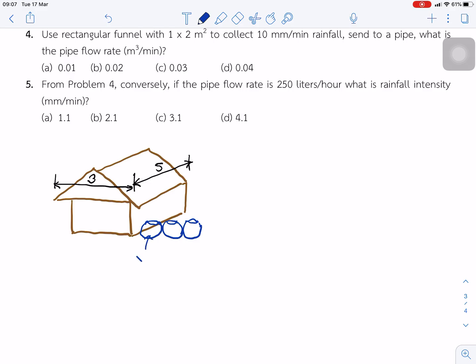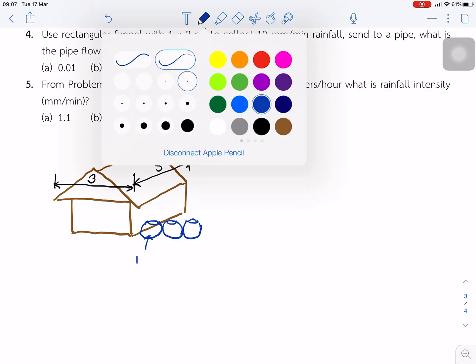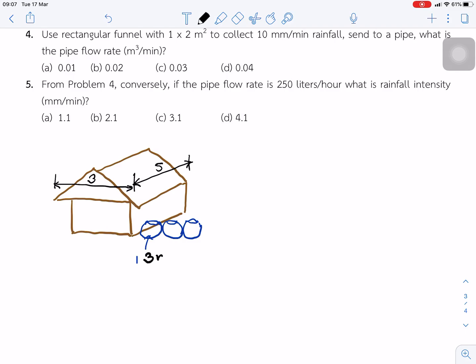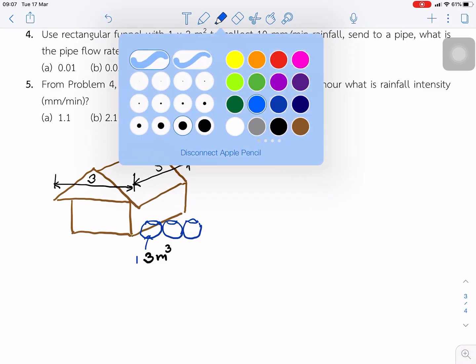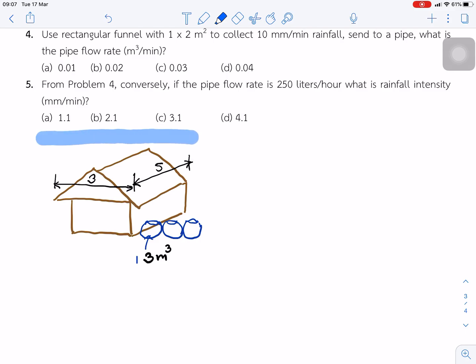The size of this container is 3 cubic meters, and we have the rainfall of 1,200 millimeters per day.